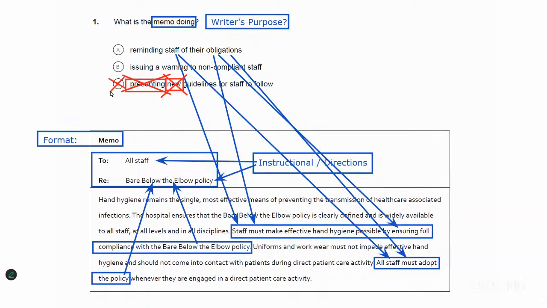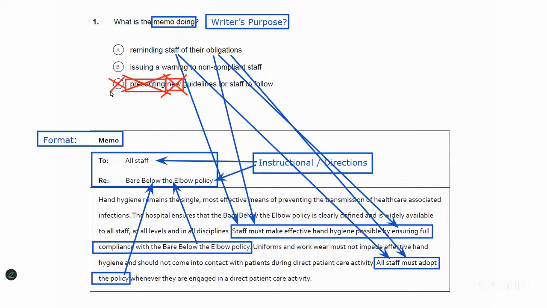They are guidelines for staff to follow, but they are already available and not presented new. So C is ruled out. Now, issuing a warning to non-compliant staff.